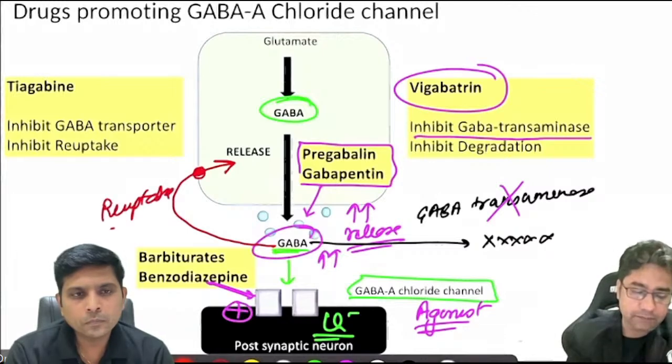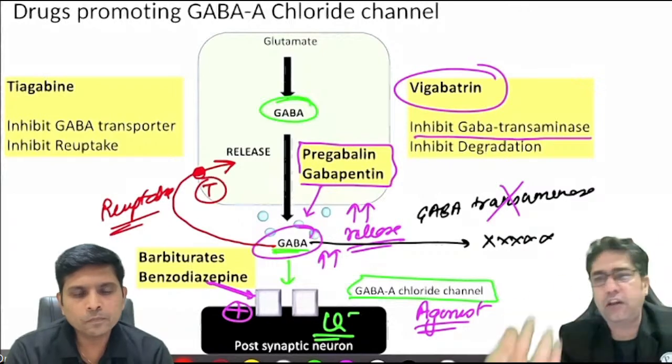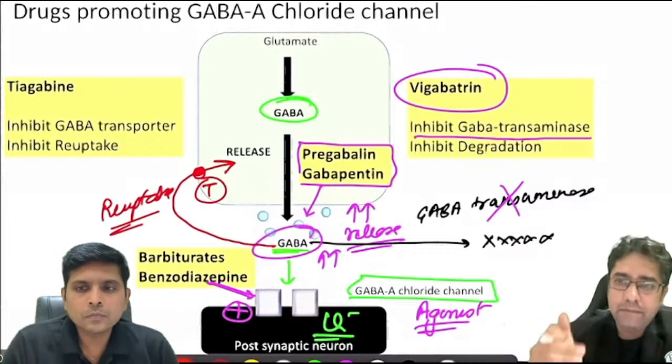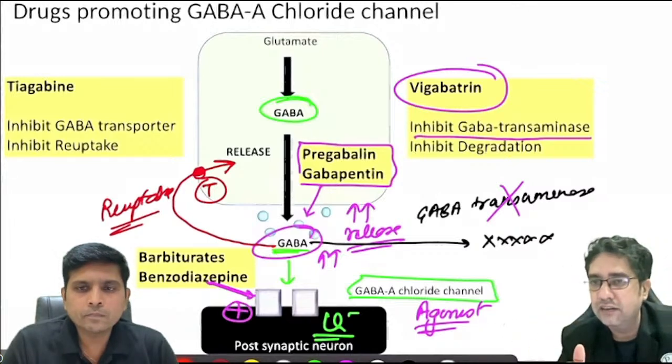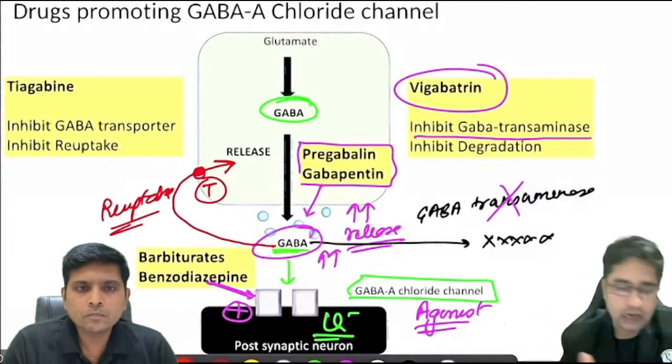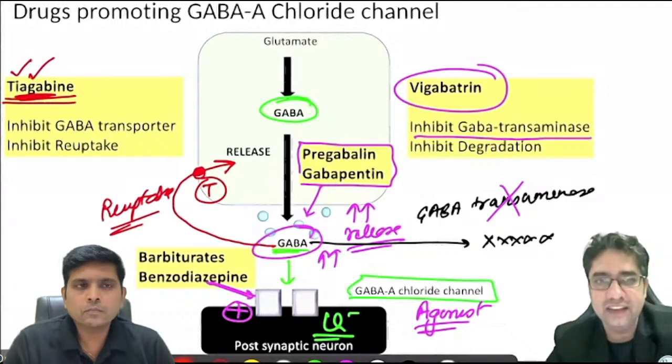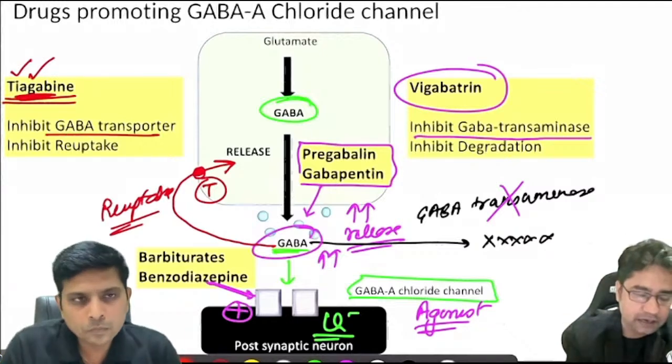GABA is taken back with the help of a transporter, let's say GABA transporter. The drug which inhibits the transporter of GABA is tiagabine. How can we remember tiagabine? T for transporter, I for inhibitor, and you can see the GABA word is coming in it. So it inhibits GABA transporter.